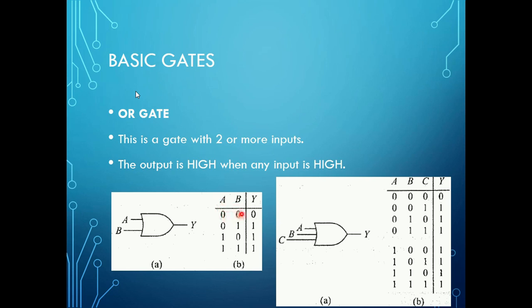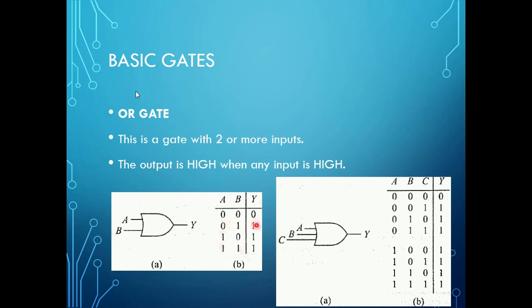You provide 0, 0, Y output is 0. If A is 0 and B is 1, Y output is high. Again A is 1, B is 0, Y output will be 1. And if both inputs are 1, 1, the output Y is also 1.